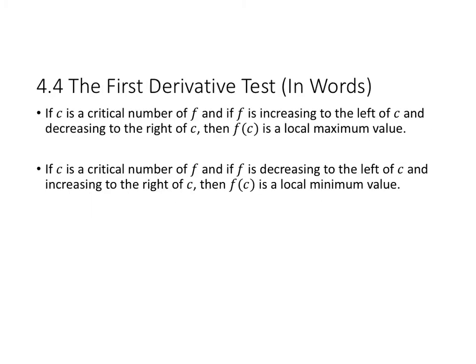So as I said, that gets really complicated looking with all those words on the previous slide, but let's just put it into real English. If c is a critical number and f is increasing on the left and decreasing on the right, then we have a maximum. So if we're increasing and then decreasing, we have a max. And the opposite is true.